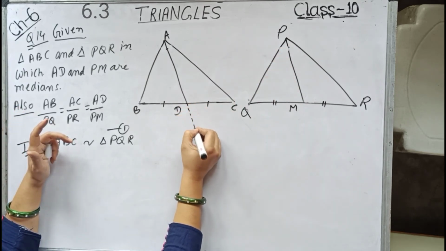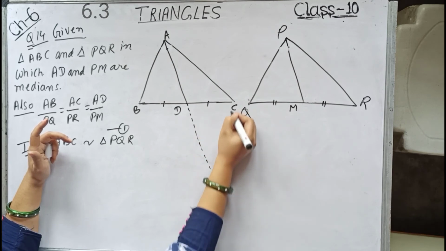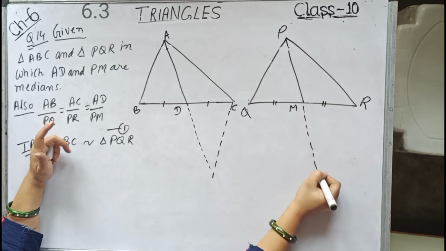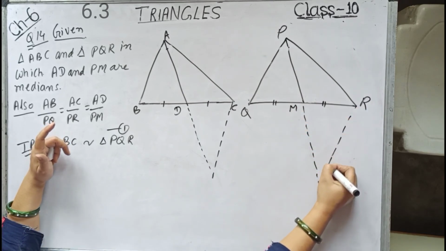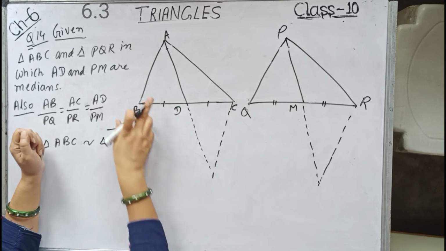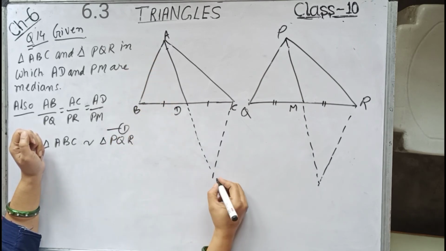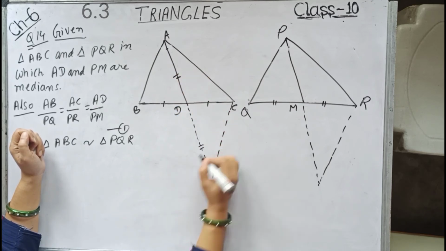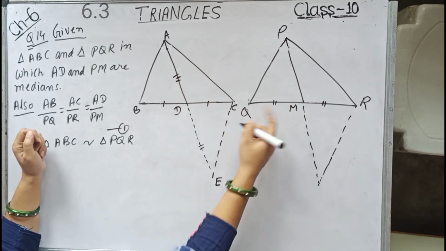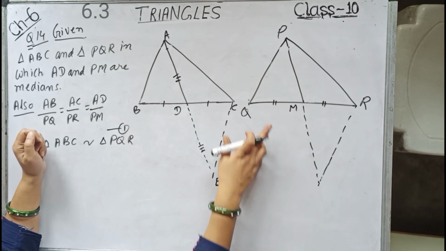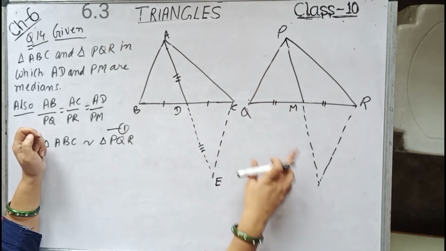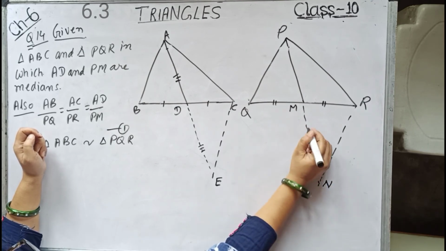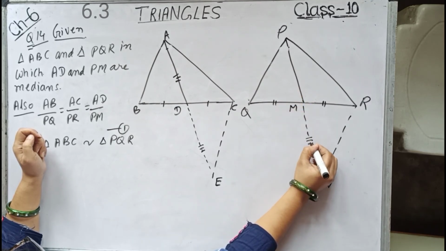So we will be constructing over here. We are extending AD to E such that AD equals DE. I am giving triple stroke because double stroke I have given over there. Similarly, extend PM to, let us name it N, such that PM equals MN.